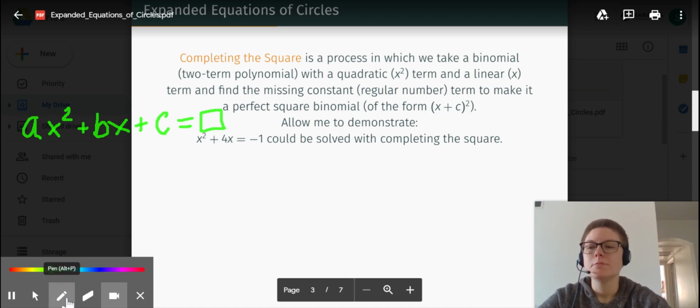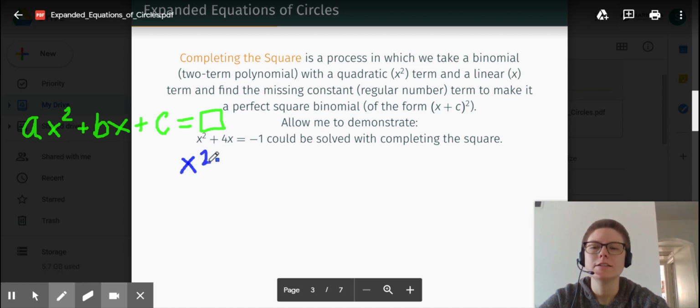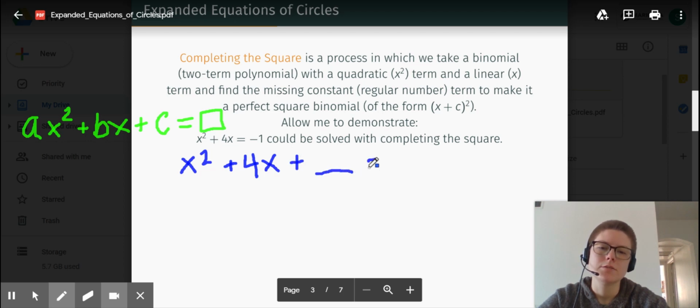All right, so to complete the square, we want to think, what could I find? I've got x squared plus 4x, and I need to think, what constant term could I put here to make this so that I can factor it down to x plus or minus something, squared.